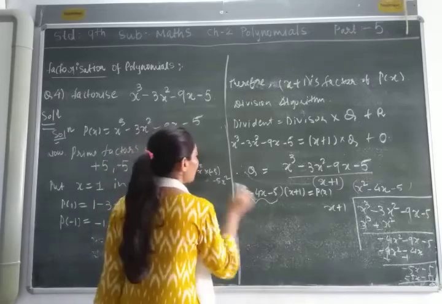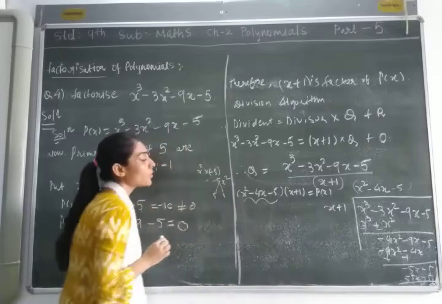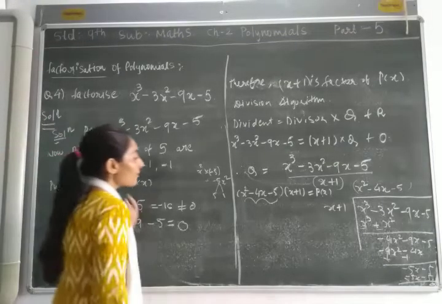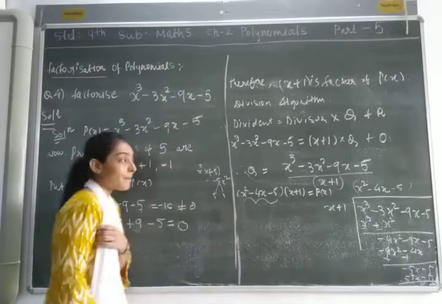Now we have to factorize this: 5 and 1 is the only factor pair. Now we want the sum to be minus 4.